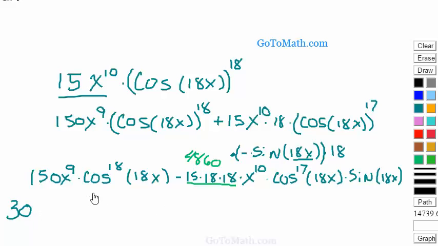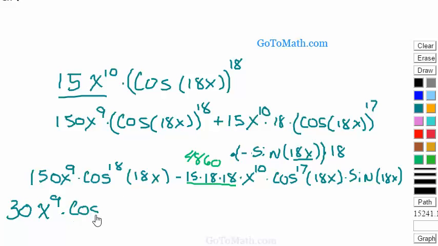Pull a 30 out. Now we have an x to the ninth, we have an x to the 10th, so we can pull out the x to the ninth. Let's do that. We have a cosine to the 18th, a cosine to the 17th, and we're going to pull out a cosine also.